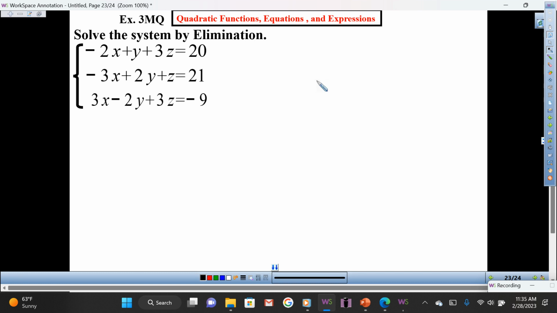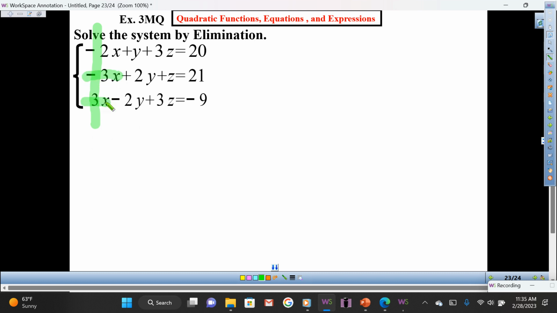What needs to be met in order to eliminate a variable at the beginning? They need to be opposites. Is that correct? All right. So start off by looking at the x's. Can we eliminate any of these? Yeah, the negative 3 and 3.